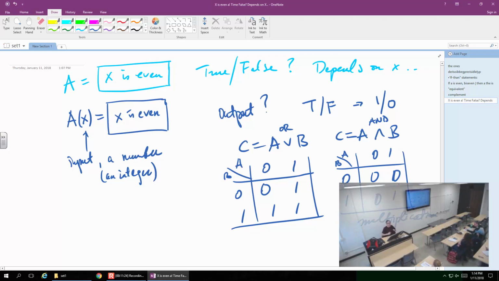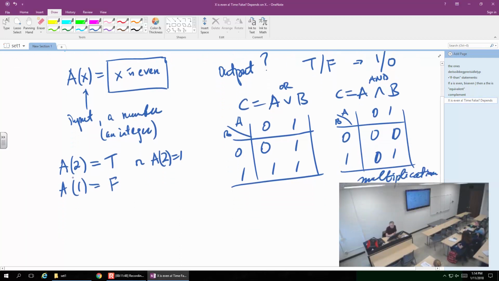That's the notation that we use. So let's make a few statements. For example, A of 2 is true, or 1. A of 1 is false. There you go.